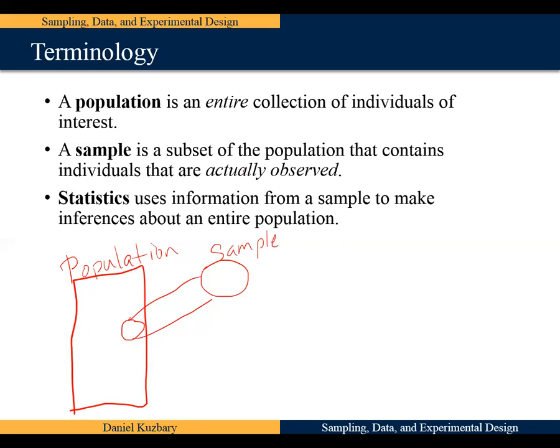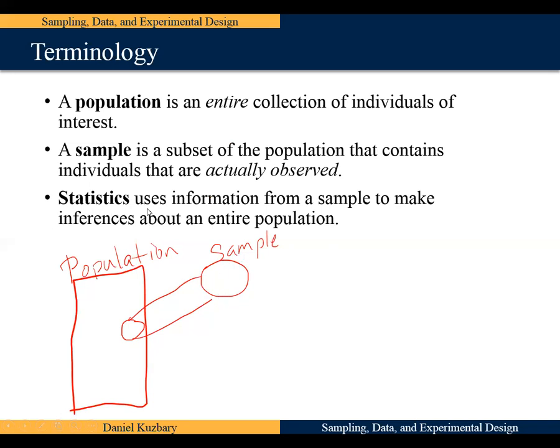The sample is a subset of the population that contains individuals that are actually observed. So typically the population refers to the whole group, things we don't know everything about. The sample are things we actually know about. They're numbers that we have, or information that we have about everybody in the sample.